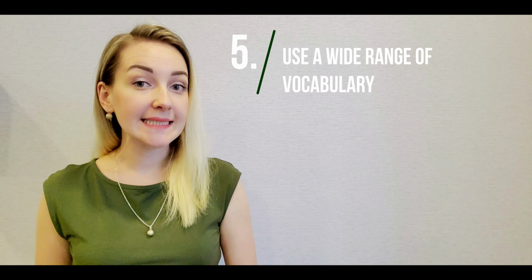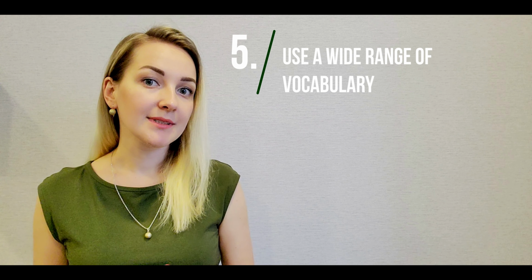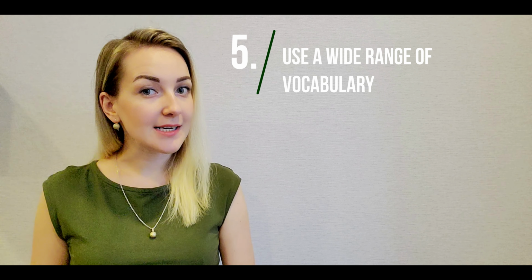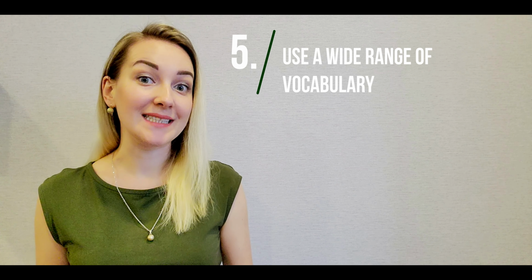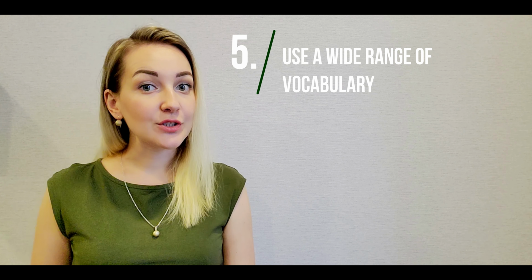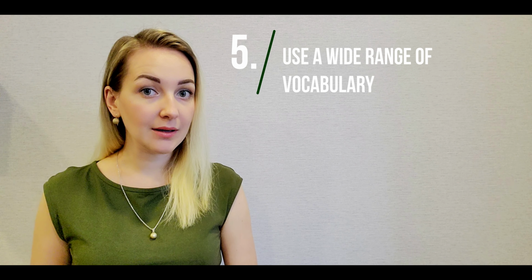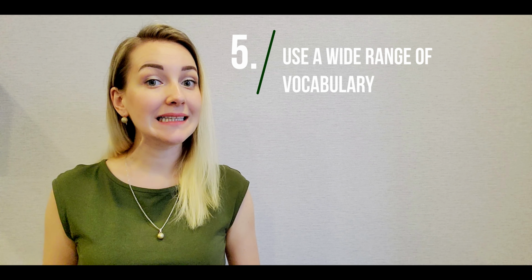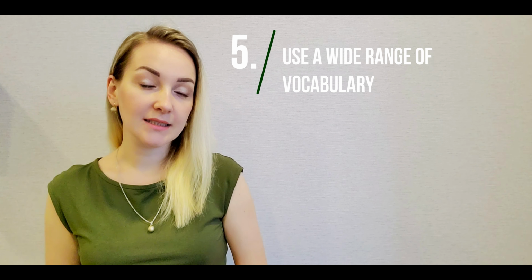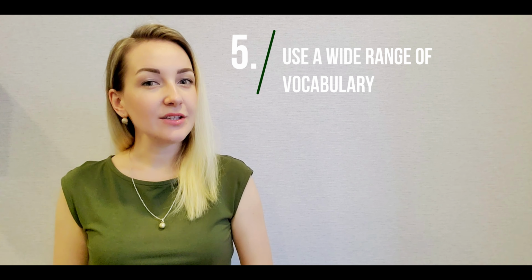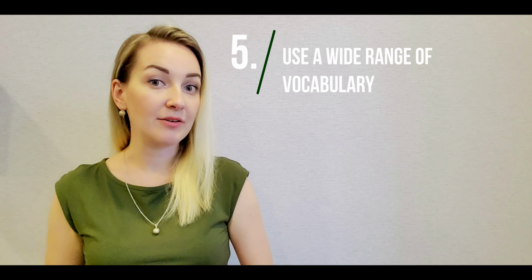In formal and semi-formal letters, you need to avoid colloquialism, something like idioms and phrasal verbs, and avoid using simple words and repetition. In letters to a friend, you are allowed to use colloquial vocabulary, but you are not allowed to use slang vocabulary. When you're writing a formal letter, try to think about a more formal word for the one that you have written.